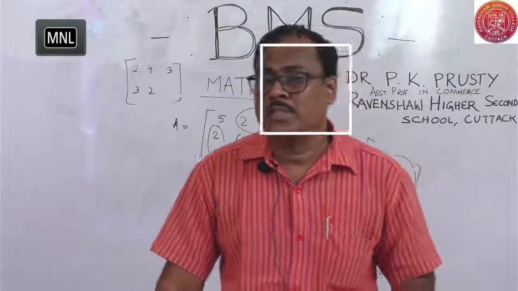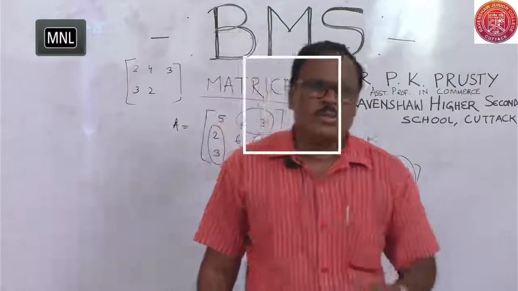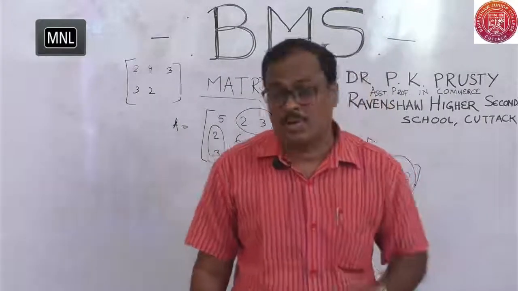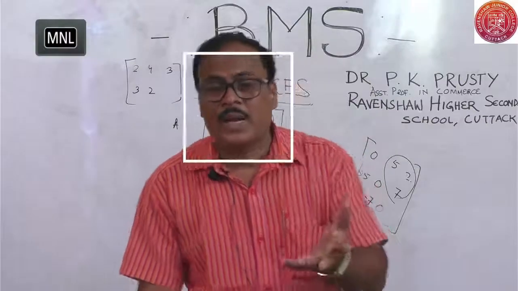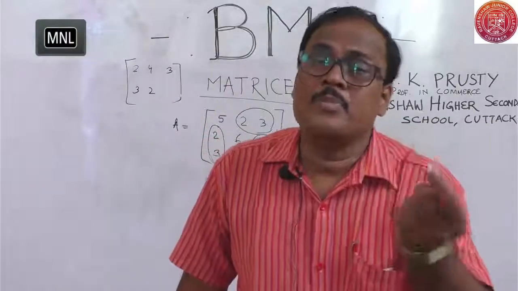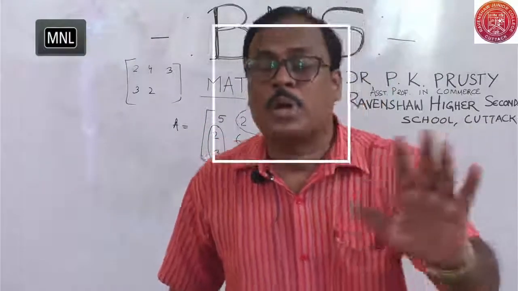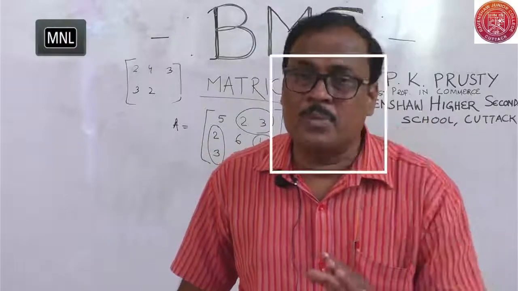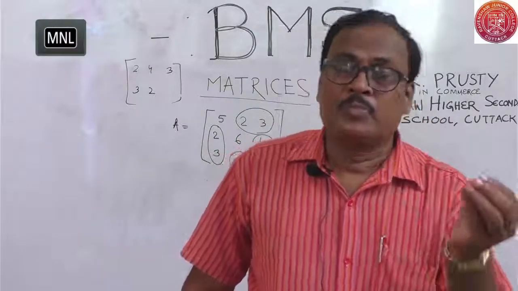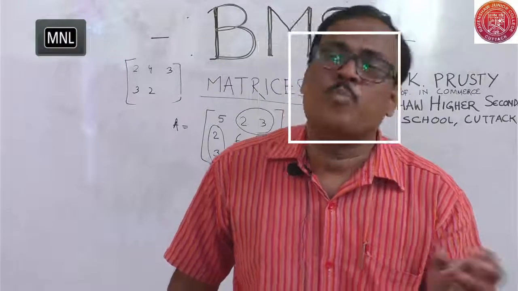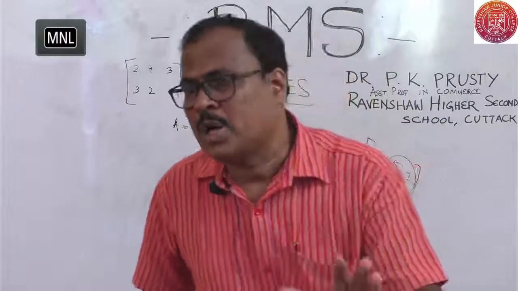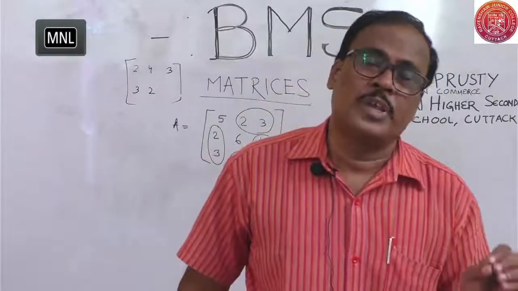The second one is the square matrix and rectangular matrix. In the rectangular matrix, m is not equal to n, that means the number of rows is not equal to the number of columns. In the case of a square matrix, m must be equal to n, that means the number of rows and columns must be equal.